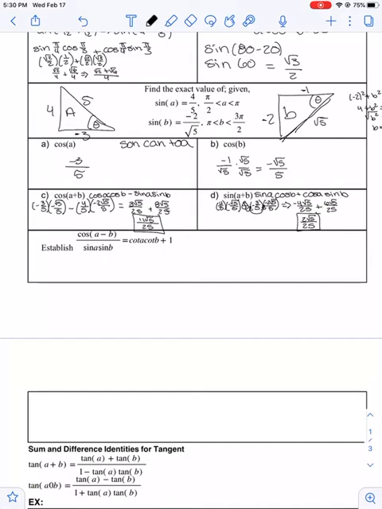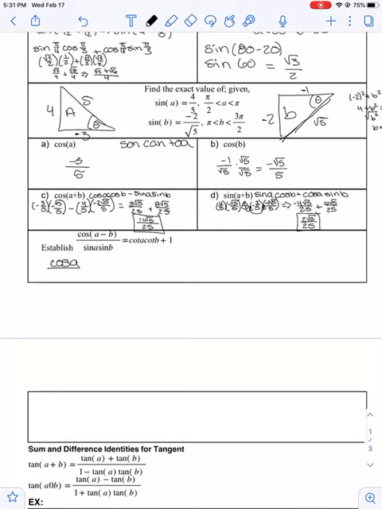Next, we're going to establish that the cosine of A minus B over sine A sine B equals cotangent A times cotangent B plus 1. I'm going to start with the right side because we have cotangent and cotangent, and we know that we can change these to sine and cosine.